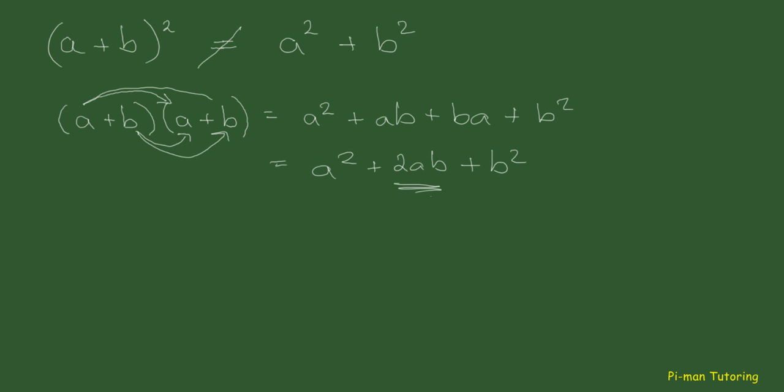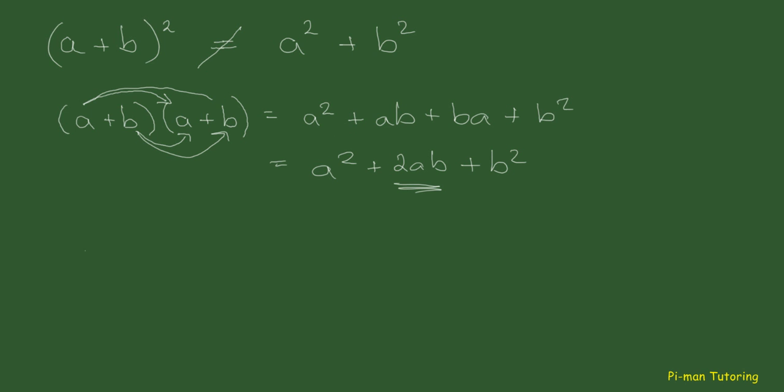And it's this middle term that gets missed if you don't expand this expression correctly. So be very careful when you have exponents applied to expressions that have pluses and minuses.